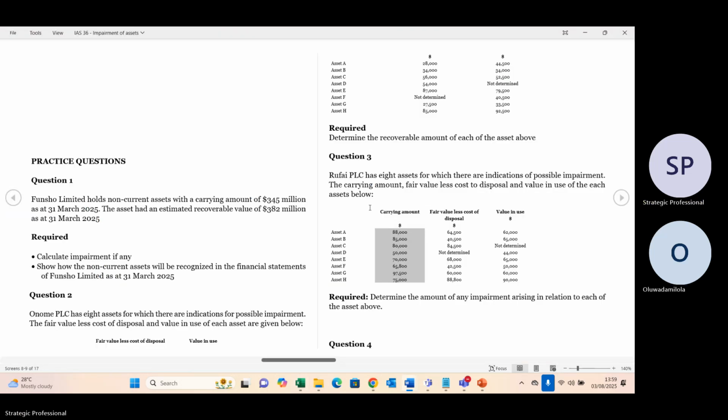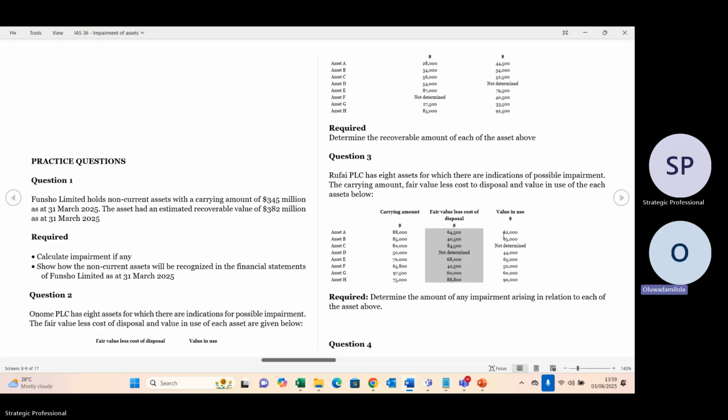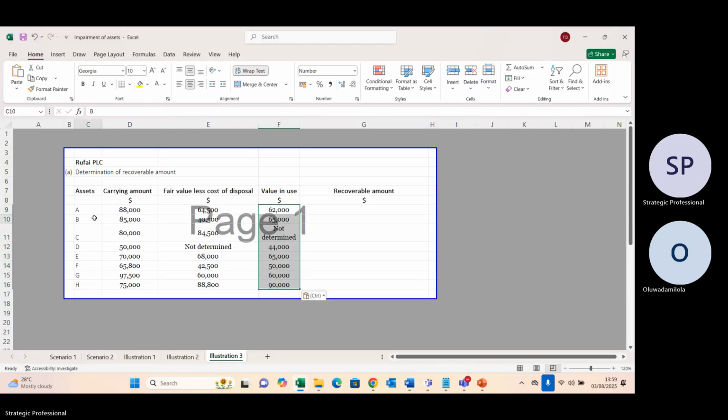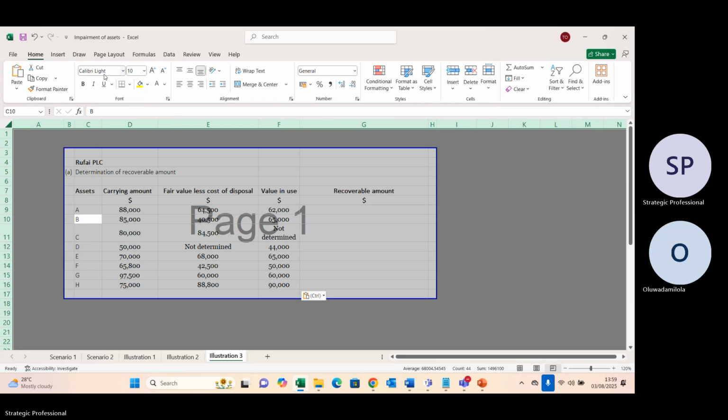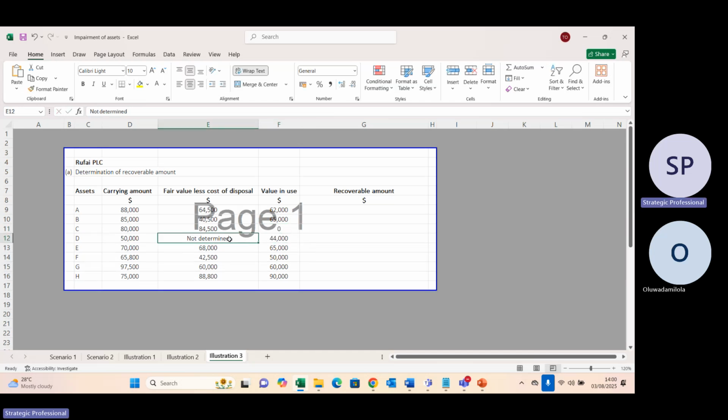Fair value less cost of disposal. Okay, so not determined is 0. Not determined is 0.